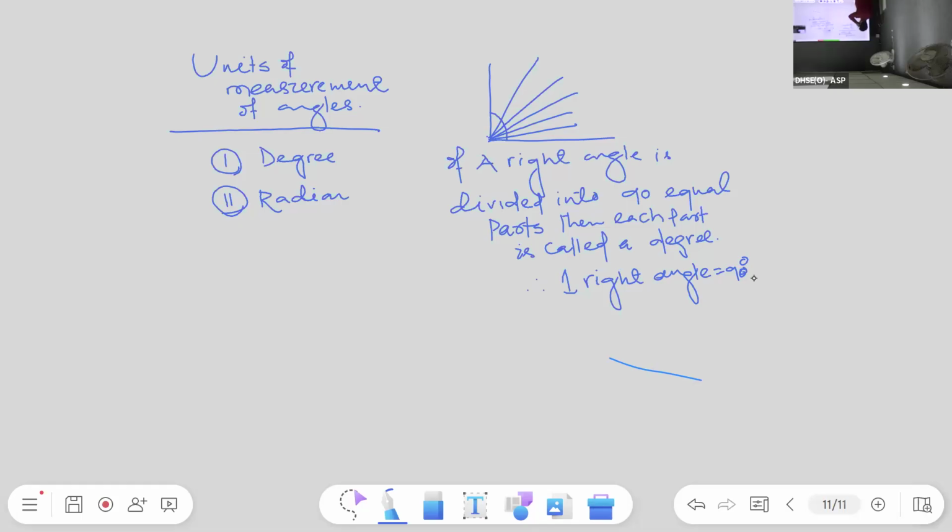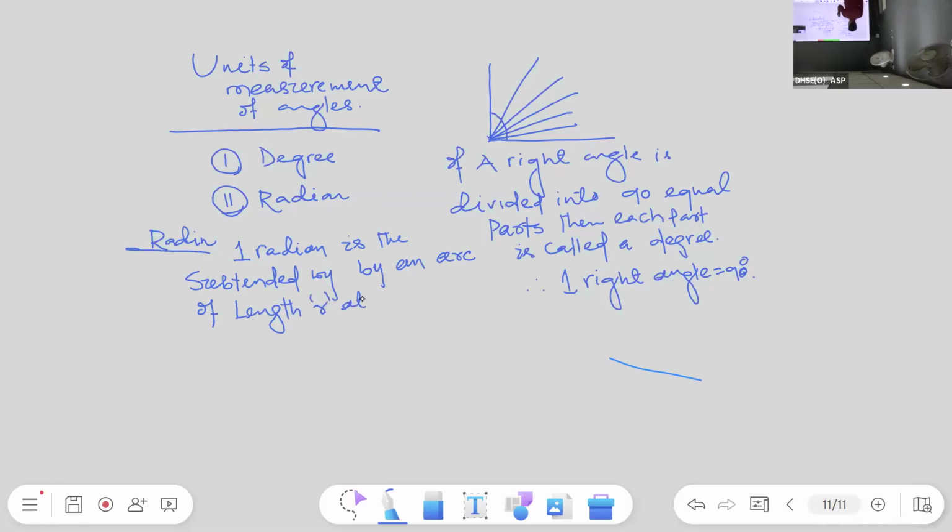Then come to radian. One radian is the angle subtended by an arc of length r at the center of a circle of radius r.